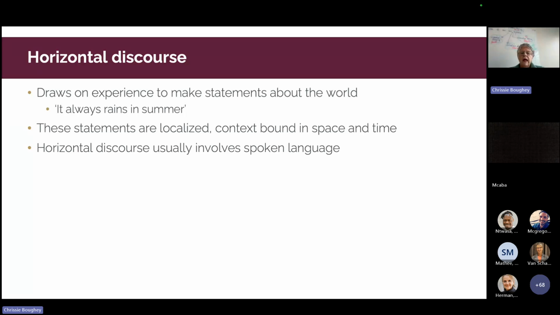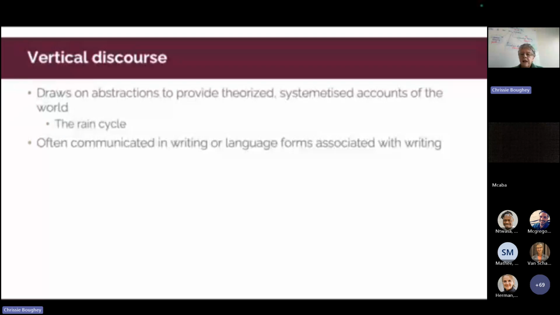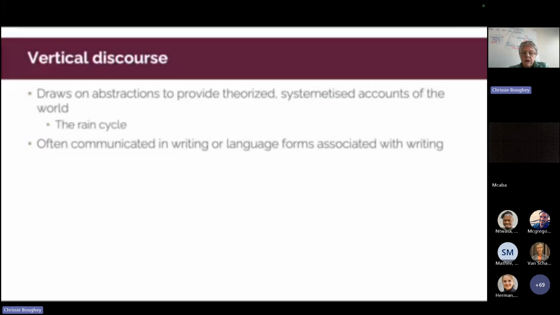So we all get this horizontal discourse. The second way of describing the world, vertical discourse, draws on abstractions to provide theorized, systematized accounts of the world. An example would be the rain cycle. We were all taught that in primary school, and you know the story.